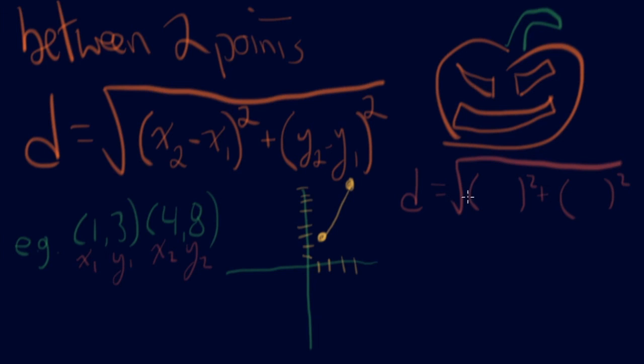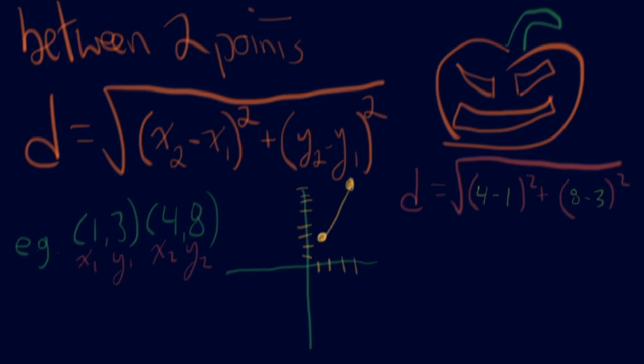For this one, this is 4 minus 1, just like that. And the other one is going to be 8 minus 3. Make sure you get the order right. And if for some reason you made this x2, y2, and this x1, y1, you get the same answer. So don't worry.